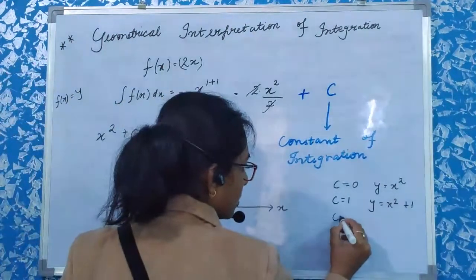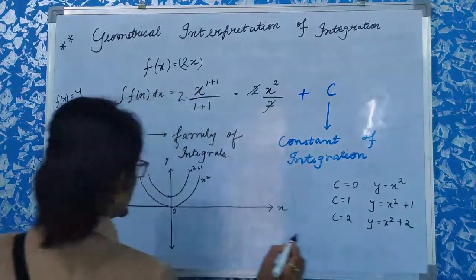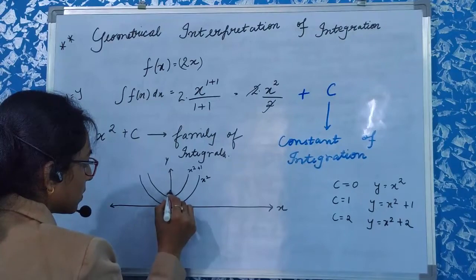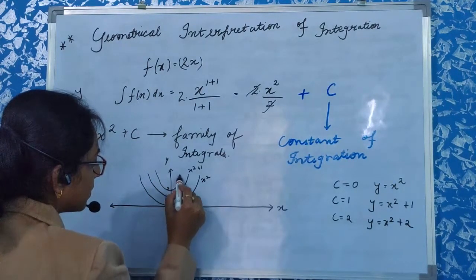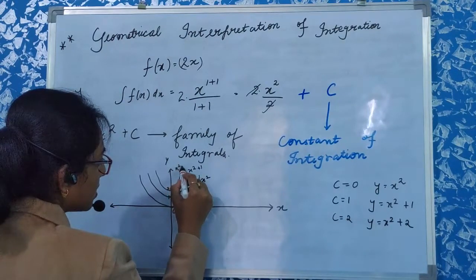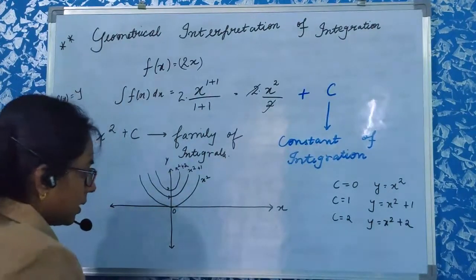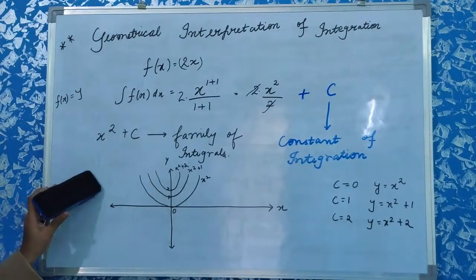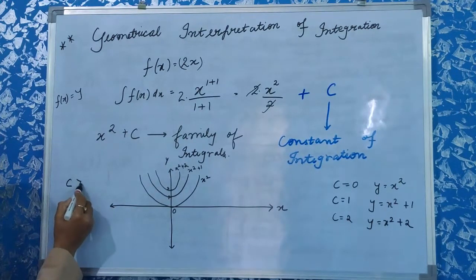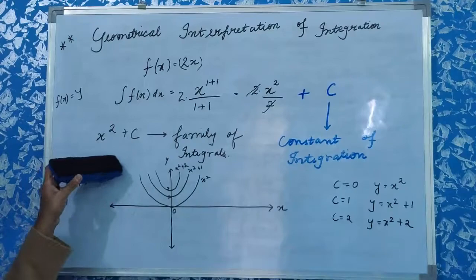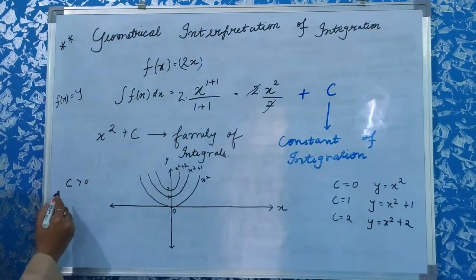Similarly, if c equals 2, then y is x square plus 2. 2 is here, so this is x square plus 2. When c is greater than 0, it is on the upper side of the x-axis.